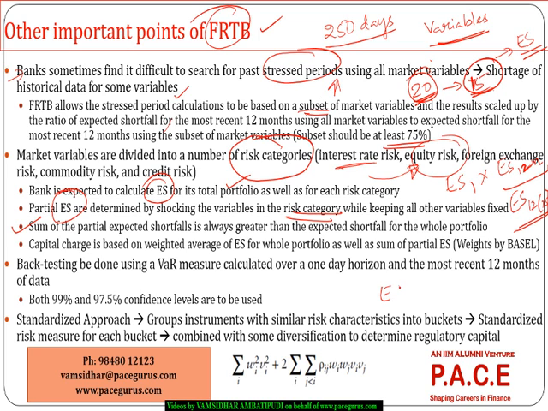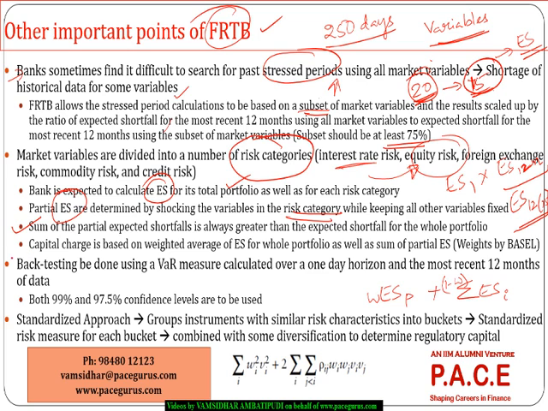One is the ES of the entire portfolio, and the second is the sum of the expected shortfalls of each of the risk categories. And these two are joined with some kind of weightages, and these weightages are typically designed by Basel. So that's the way the overall market risk capital charge is computed based on the FRTB proposals.